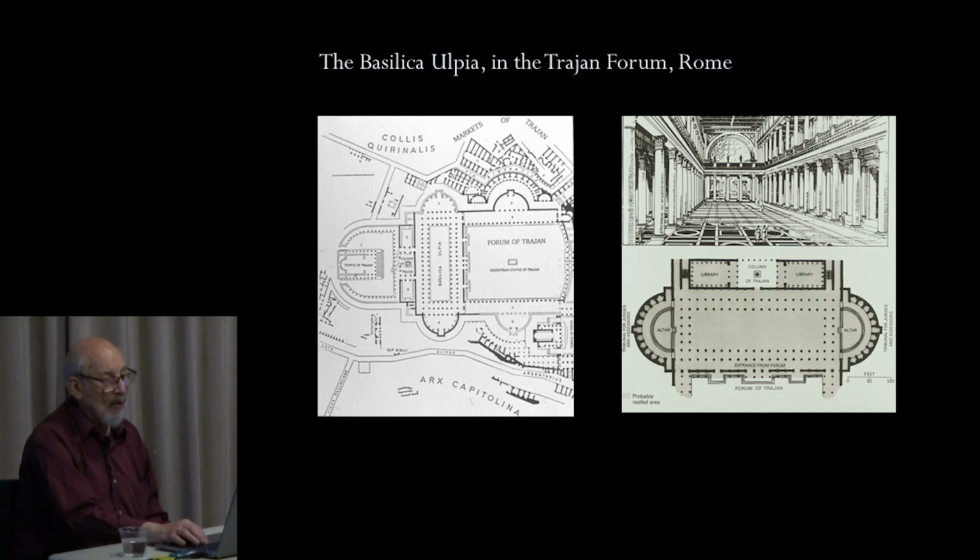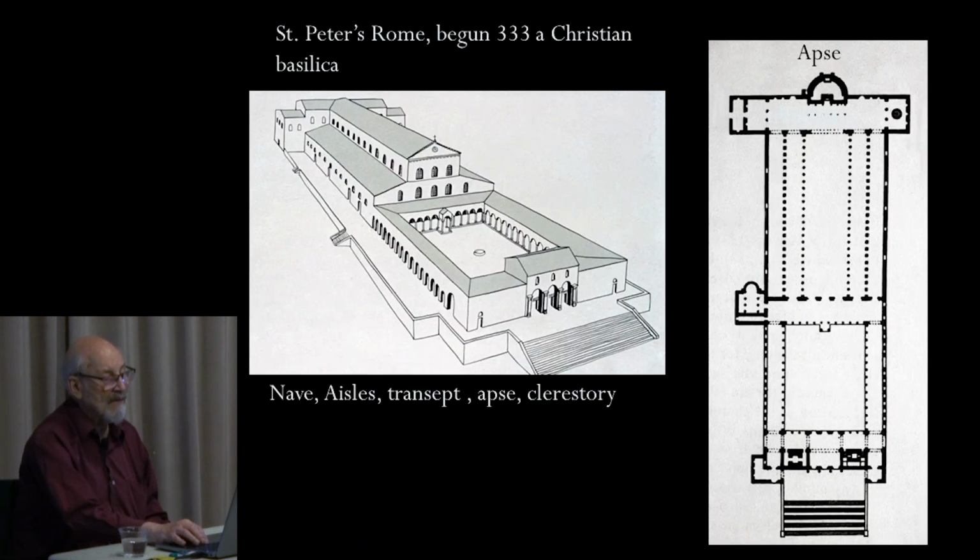Basilicas went from small, like the one we saw in Pompeii, to really grandiose, like the Basilica Ulpia in the Trajan Forum in Rome, a vast interior space in a complex organized to show off the magnificence of the emperor.